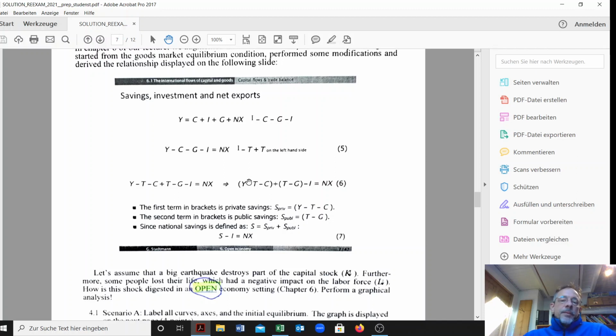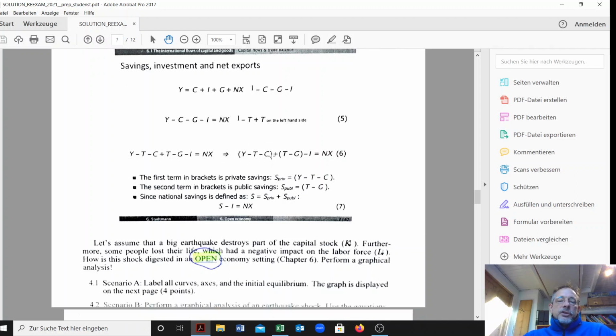You also get some information from the class so that you know what is going on with respect to the equations. We should perform this analysis in the open economy, where an earthquake destroys the capital stock and the labor force. So we have a shock with respect to the GDP level. GDP will decrease, so the Y variable will decrease.